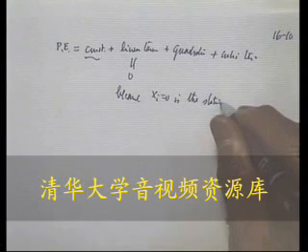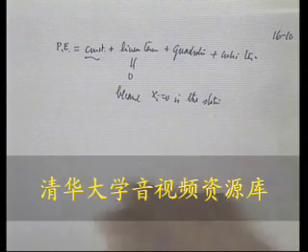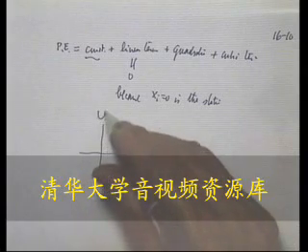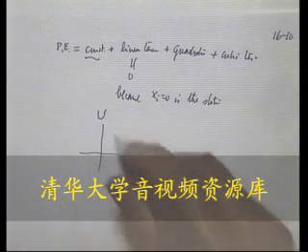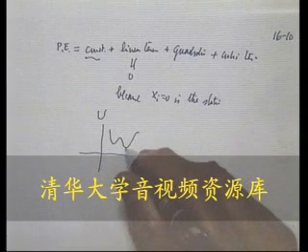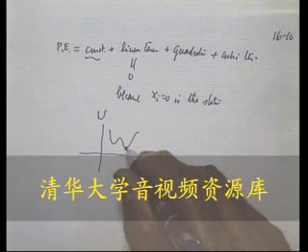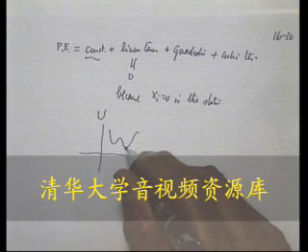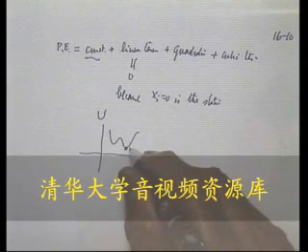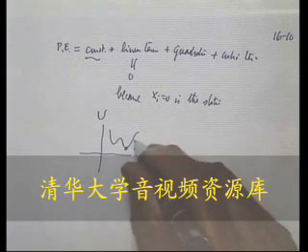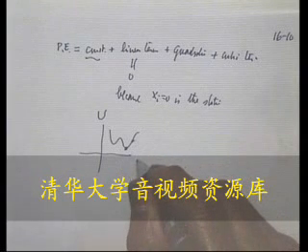Does everybody understand what I'm talking about? Let's take a one-dimensional problem. We have a U. U is the potential energy, and we have a curve like this. And we are now talking about an equilibrium point. At the equilibrium point, the potential energy is a quadratic expression, no linear term. If it's at this point, there's a linear term.